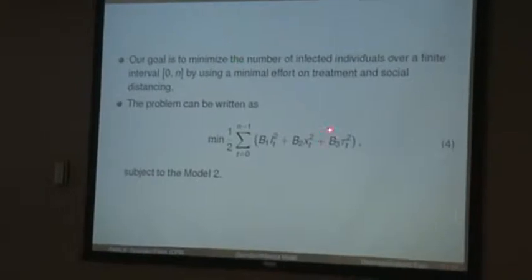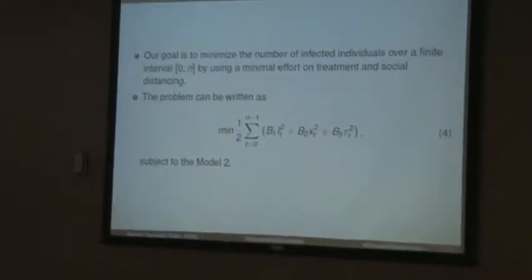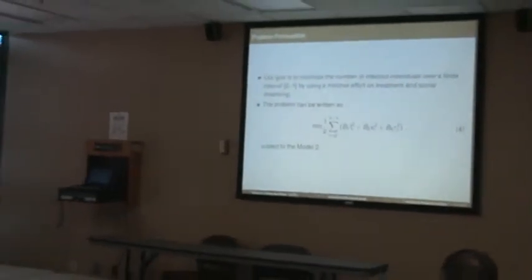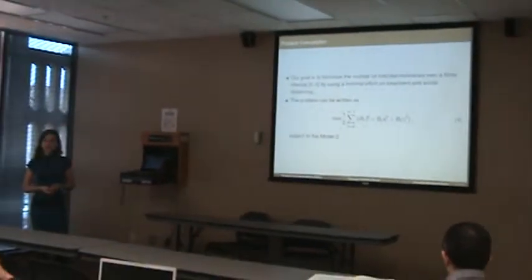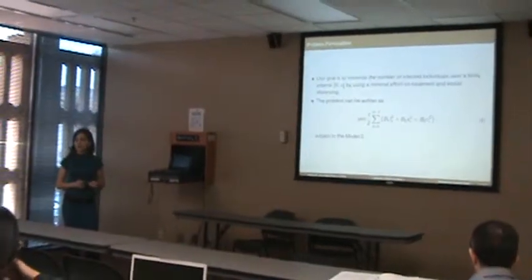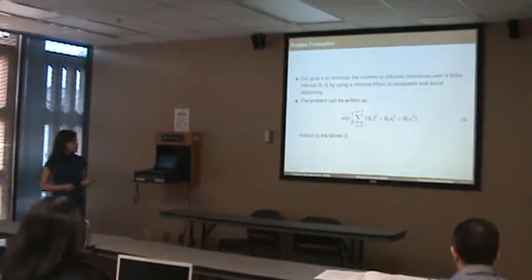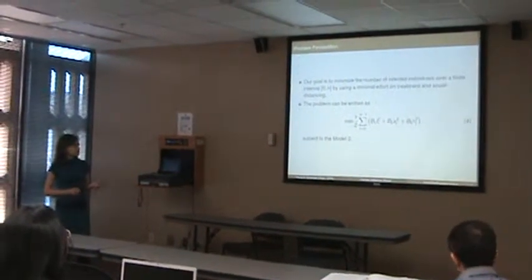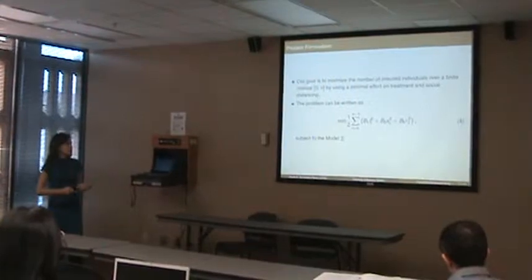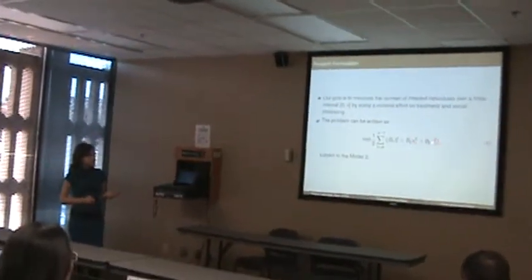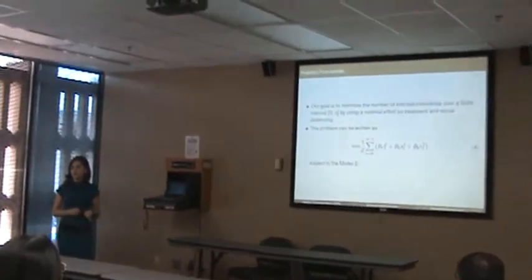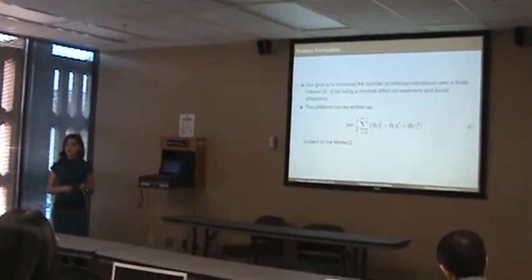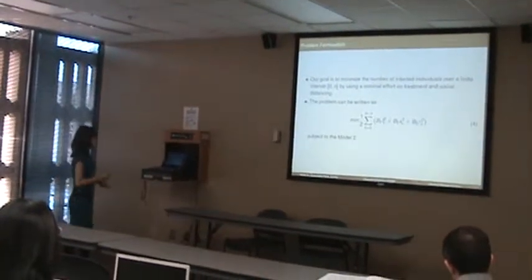So we need to find what is the value for x in order to reduce the number of infected. And these B2 and B3 are weight constants. What that means is the relative cost of the policies. And the restriction for this problem is model 2, the one that I presented before. So in this model, x and tau are our control variables, and the other variables S, I, T, and R are the state variables.